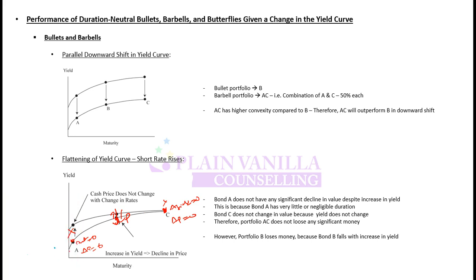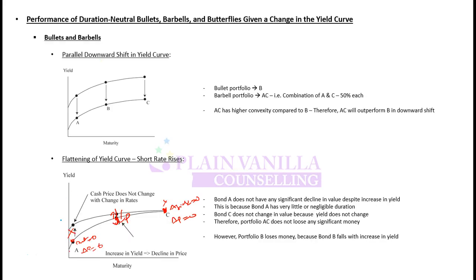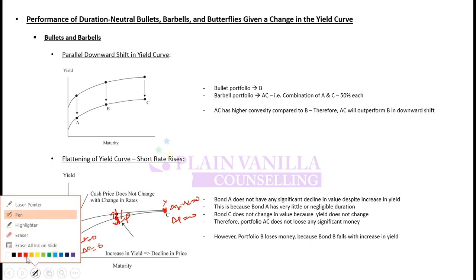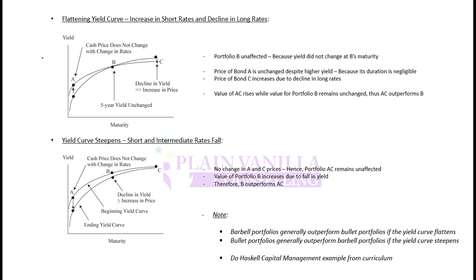Any confusion in this? Moving on, another scenario, flattening yield curve. So we did flattening yield curve here. Here what was happening? Short rates increased, but long rates did not change. Here again flattening, but flattening in a different way. That is, increase in short rate and decrease in long rate. Increase in short rate, that means price should fall.